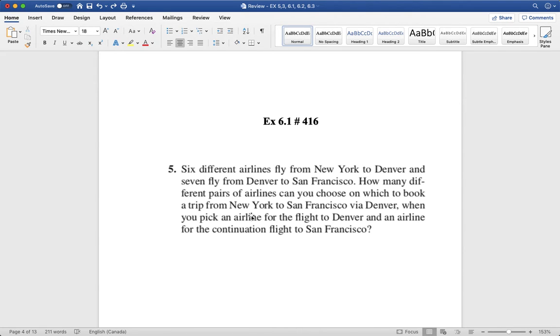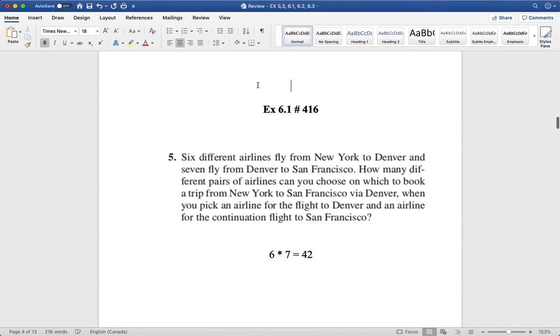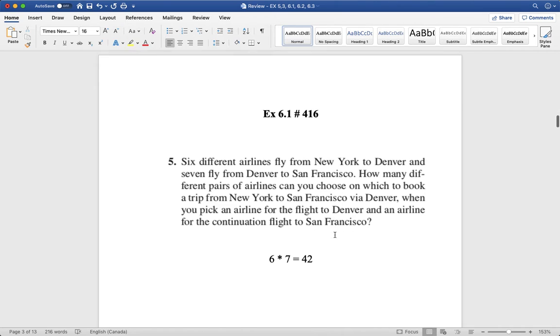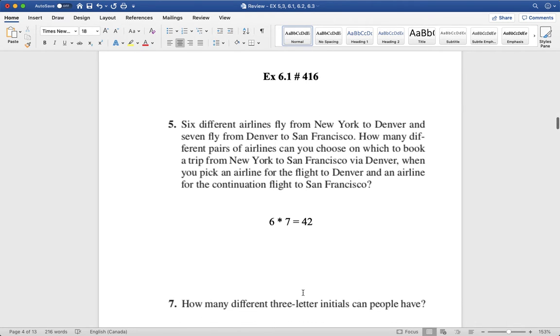So we have 6 different airlines from New York to Denver, and 7 different airlines from Denver to San Francisco. So basically what we do is 6 multiplied by 7 equals 42. That's the number of possibilities we need to figure out.